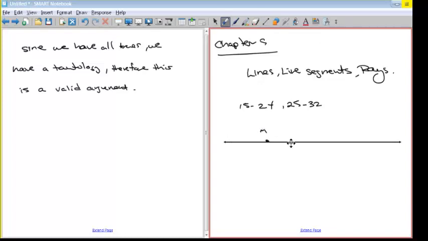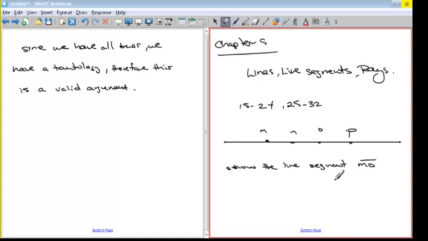Let's say it's M, N, O, P. And I would say, show the line segment MO.